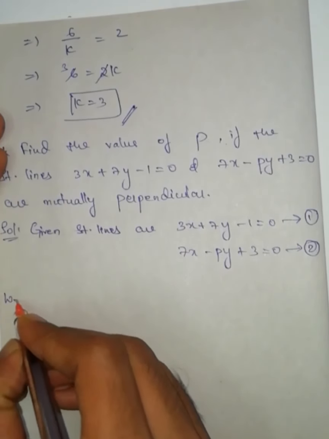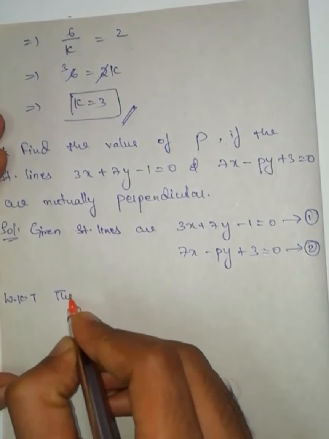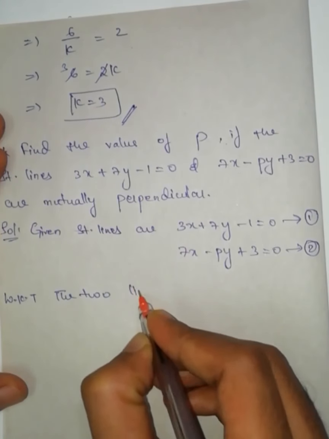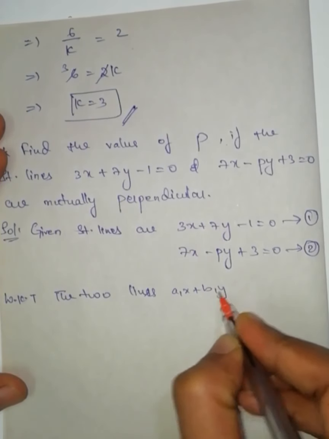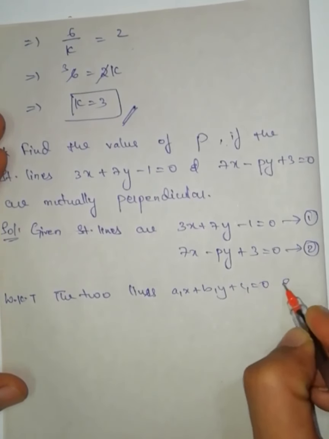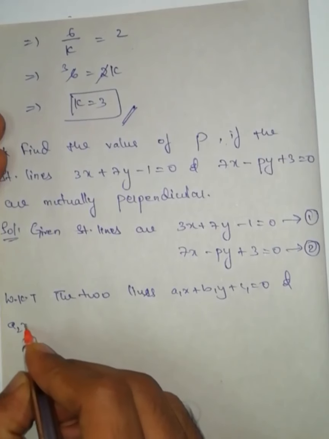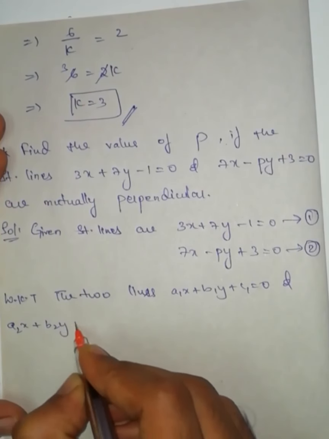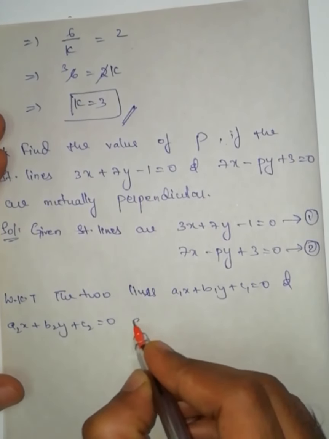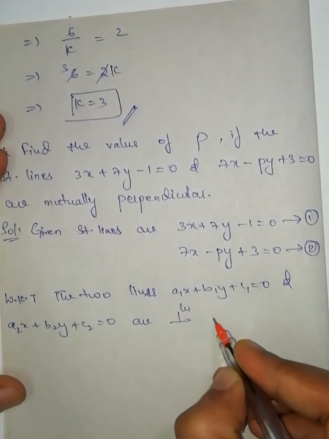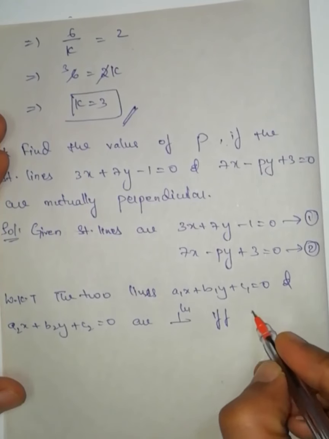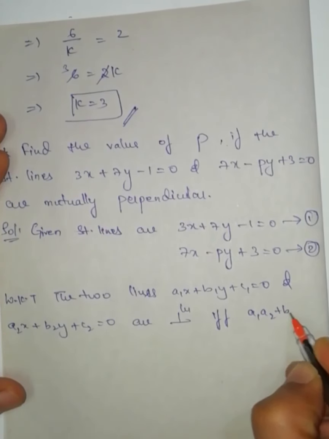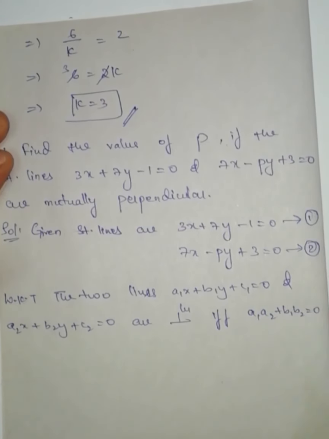We know that the two lines a1x + b1y + c1 = 0 and a2x + b2y + c2 = 0 are perpendicular if and only if a1 a2 + b1 b2 = 0.